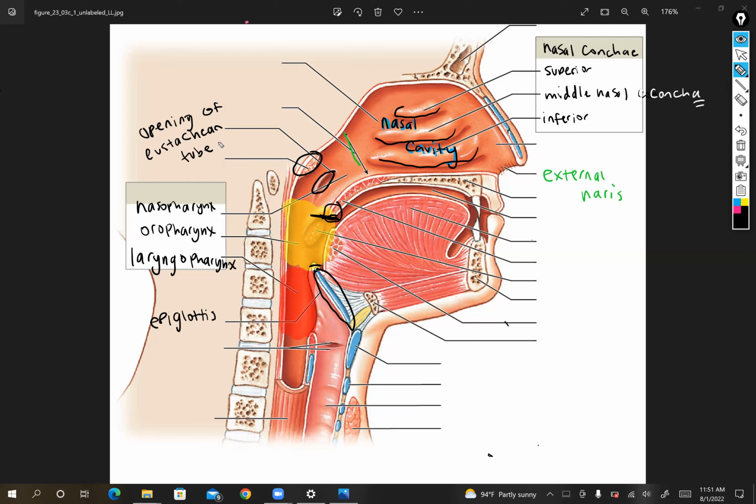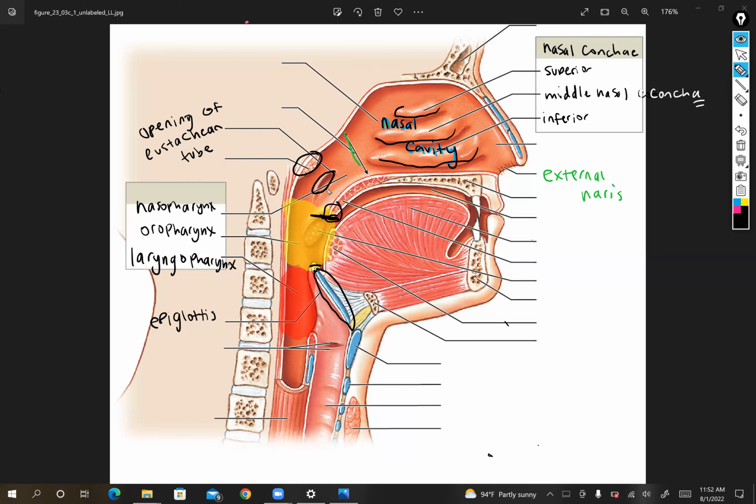So remember from lab at the end of last term when we were doing the ear and the eye, you had to learn about the eustachian tube, which was also sometimes called the pharyngotympanic tube. Pharyngotympanic means connecting the pharynx to the tympanic chamber or cavity. And that is exactly what it does. So here's the opening of it in the nasopharynx.